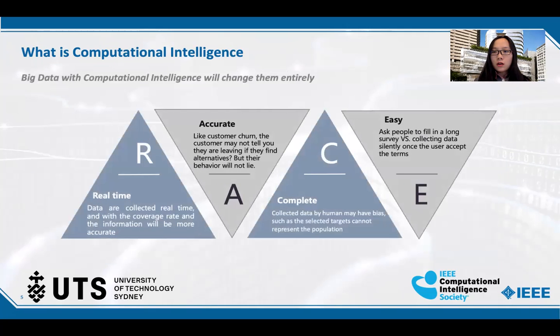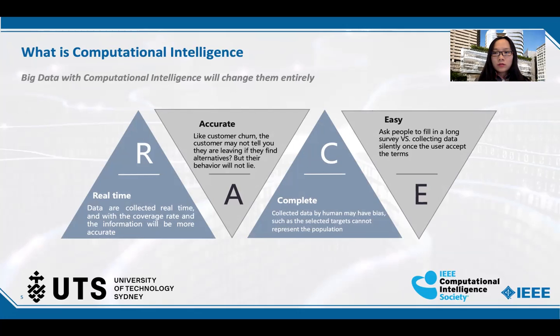Compared with traditional business analysis, which usually conducts customer surveys and collects data to get the result, CI has several advantages. CI is real-time, accurate, complete, and easy, and we summarize it as RACE.